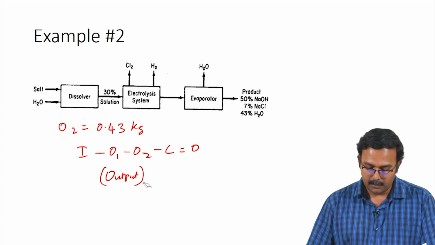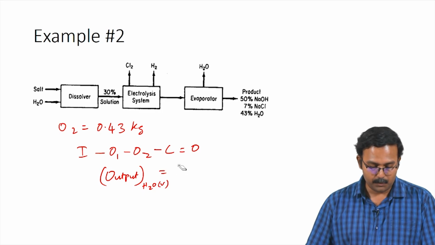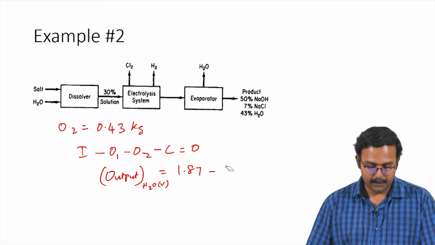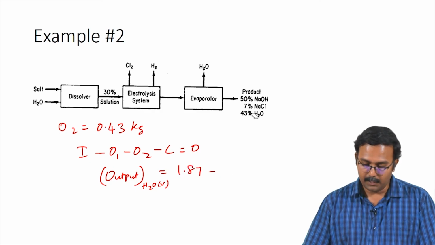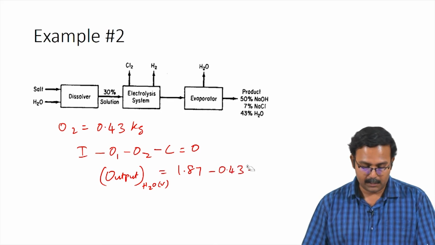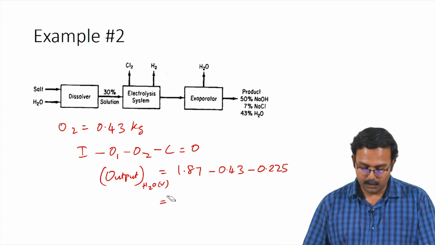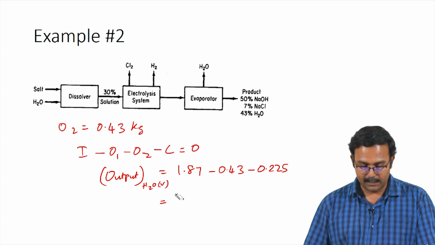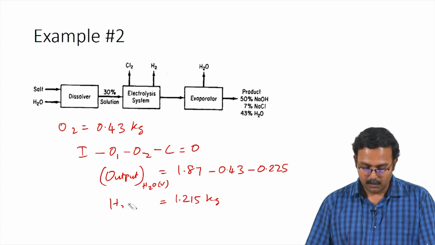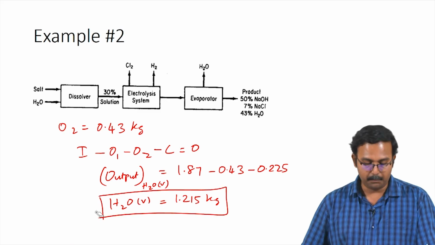Output 1, which is the water leaving in the form of water vapor, would be input, which is 1.87 minus output in the product stream, which is 0.43 minus consumption, which is 0.225, giving you the total amount of water evaporated as 1.215 kilograms, as the water leaving the evaporator in the form of water vapor.